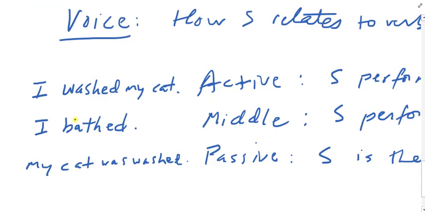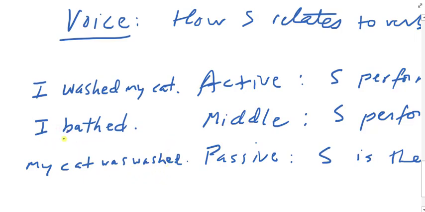So active voice verb, I washed my cat. I'm the subject. I'm doing the washing, right? That's an active verb. My cat was washed. My cat is the subject. It's not acting on anyone. Rather, the cat is being acted upon. Not a happy cat either. I've never met a cat that liked to be washed.